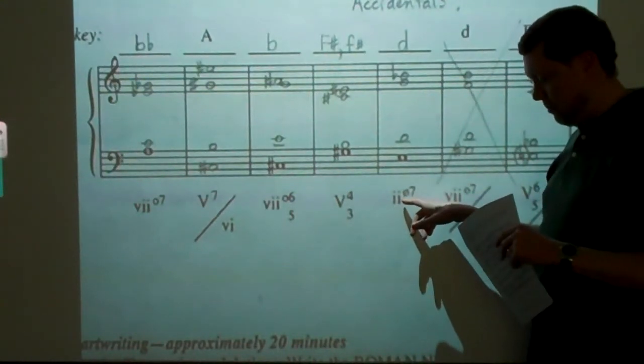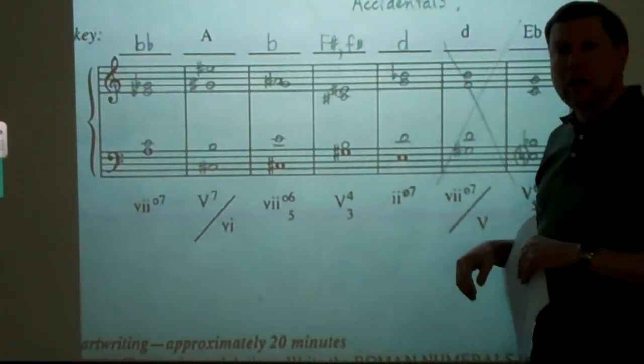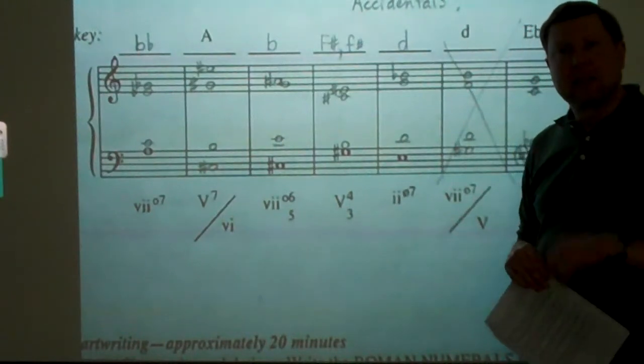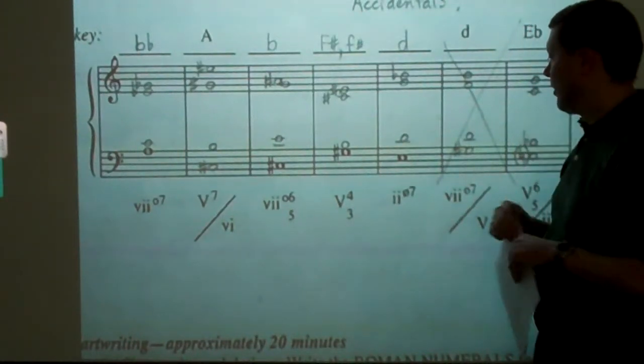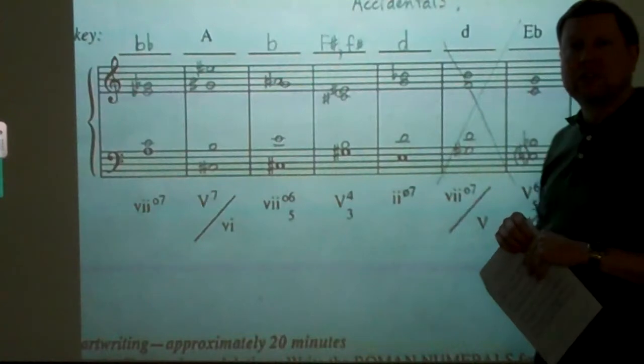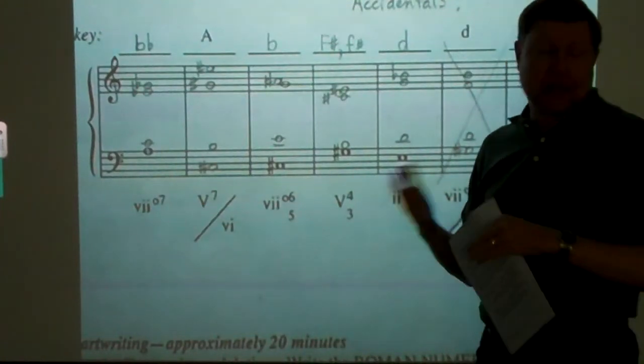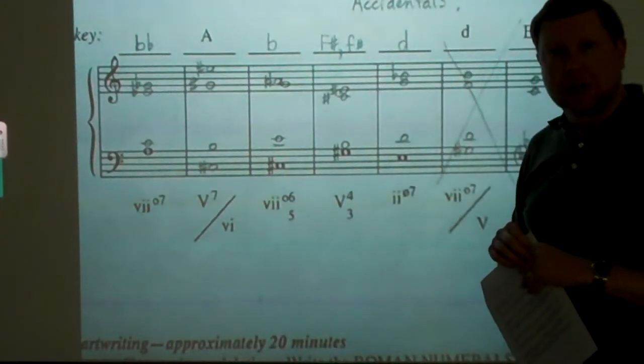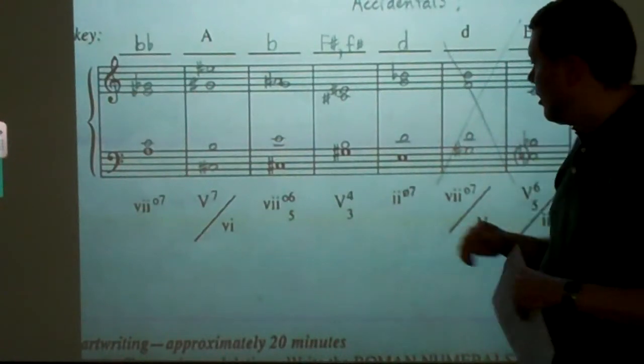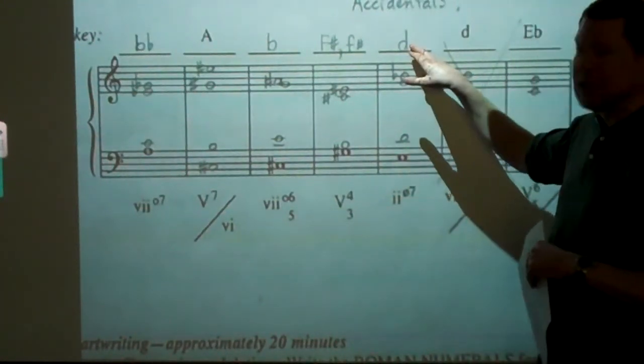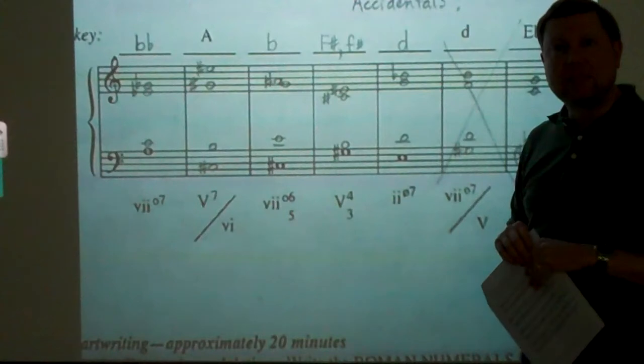Well, if it's a half diminished 7th chord, am I in a major key or a minor key? These things we learned this semester. 2 half diminished 7s normally diatonically occur in minor keys only. So the key I'm working in must be D minor, not D major.